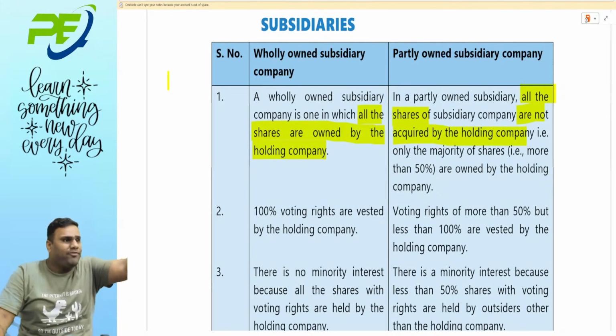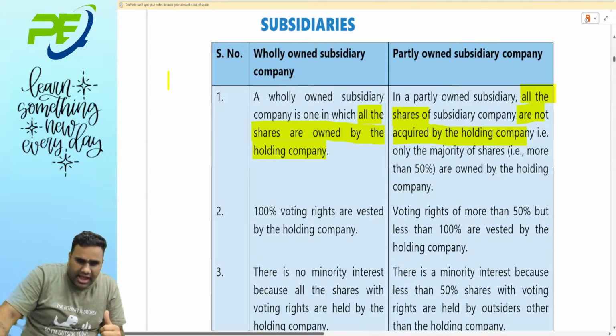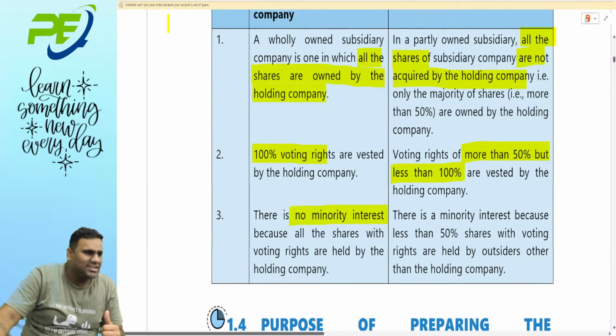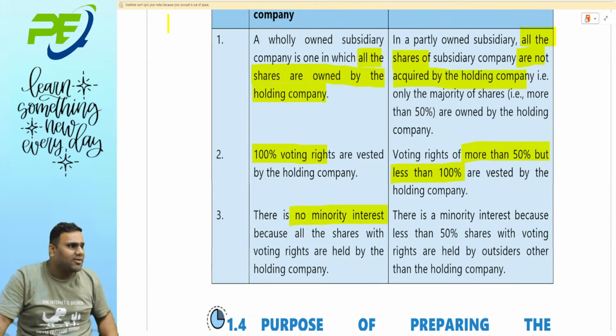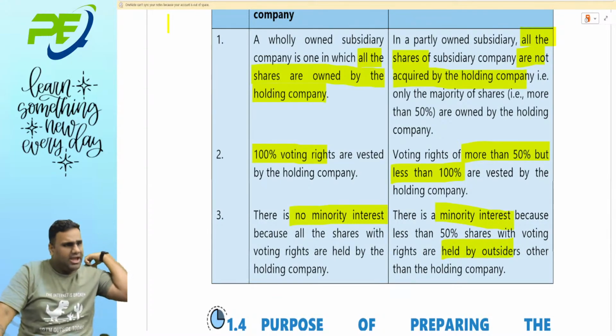They hold more than 50%, but less than 100%. In a wholly owned subsidiary there is 100% voting rights and no minority interest. Those members are there just to comply with the law. But here we will have minority interest held by outsiders.